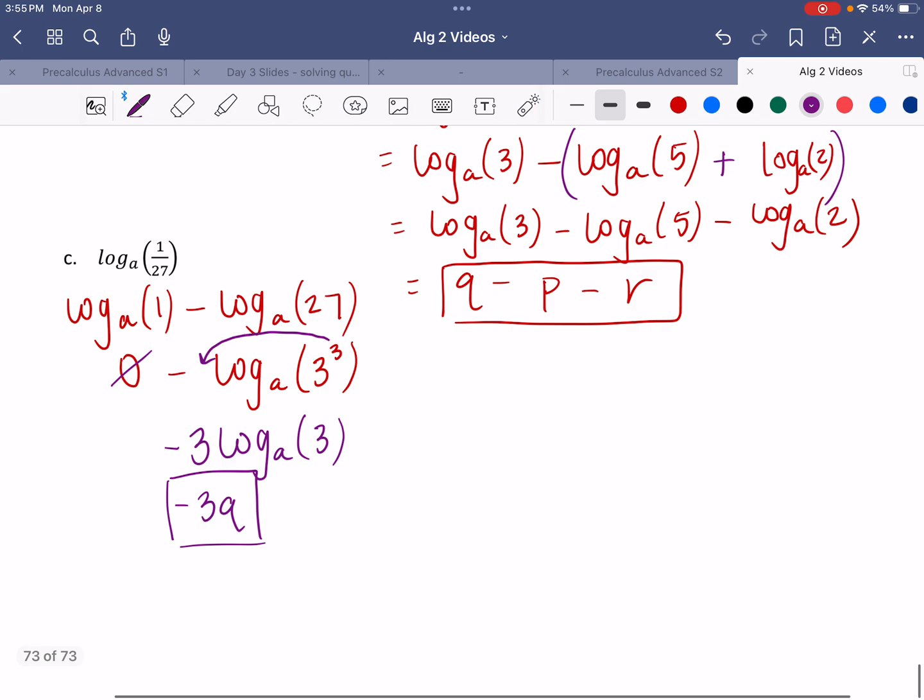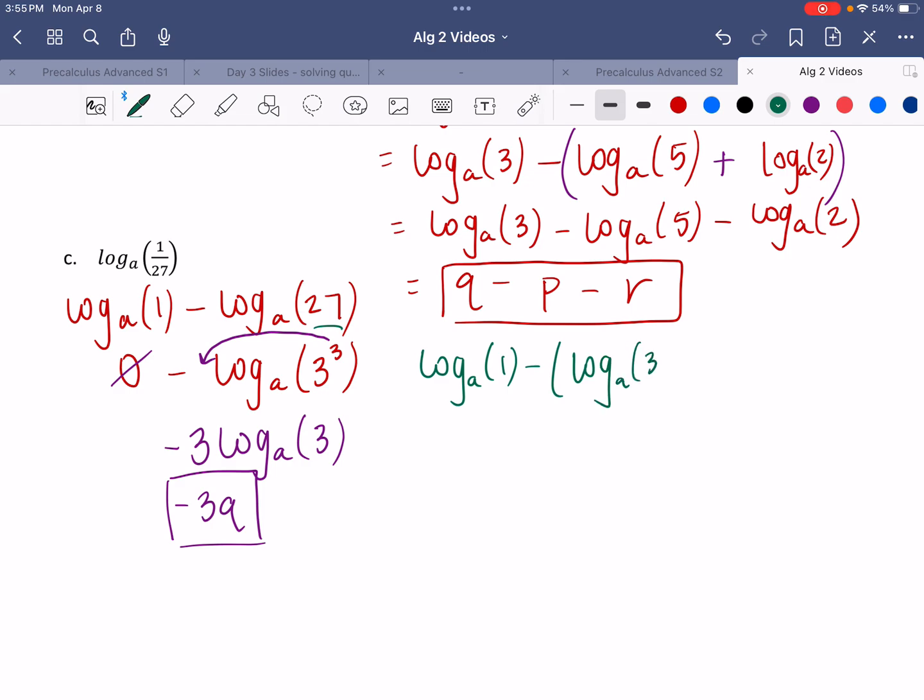Now, you might not have been thinking that. Maybe you were thinking to yourself, oh, I wanted this to be the log base A of 1, and then I wanted to split 27 into 3 times 3 times 3. Well, that's fine. It's a little more work. But I could have said 3 and 3 and 3.